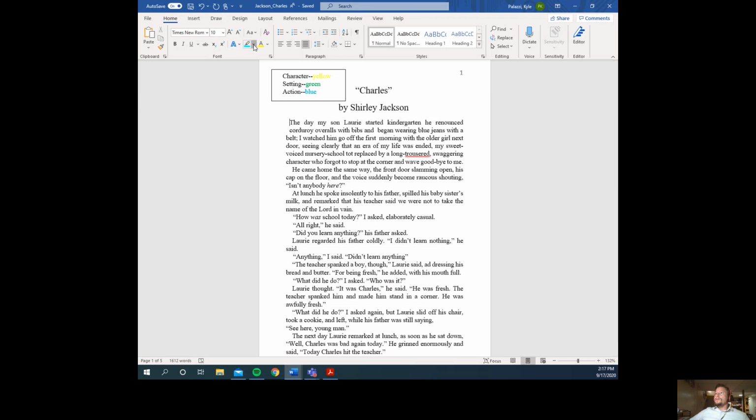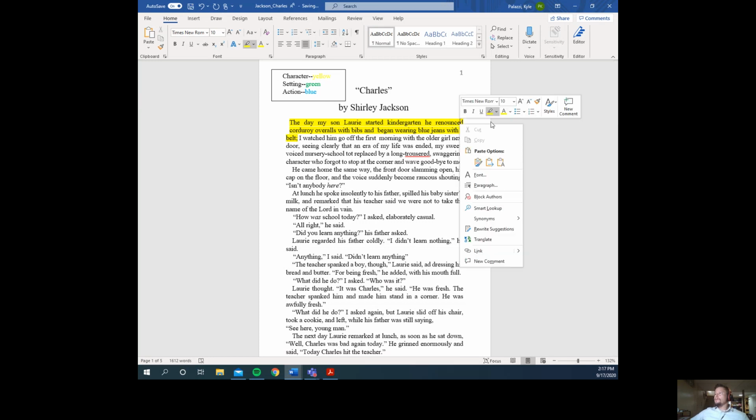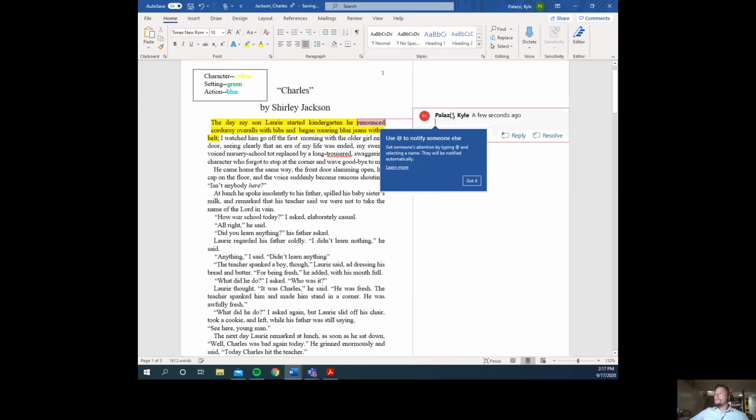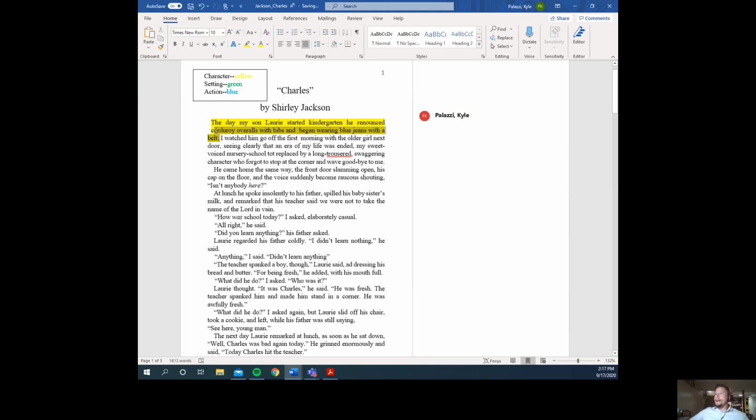So we are going to highlight that text in yellow because that tells us a lot about Laurie as a character. The color coding has to do with character. What we want to do now is right-click what we have just highlighted, and leave a new comment. I'm going to highlight all of this, and we're going to leave a new comment here.